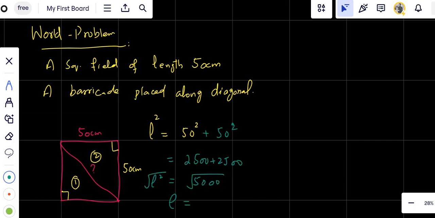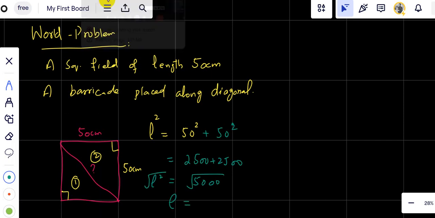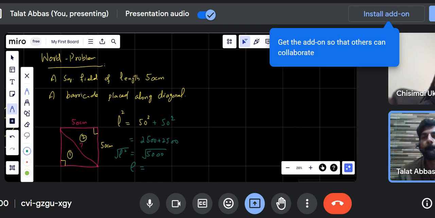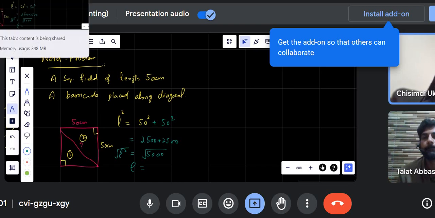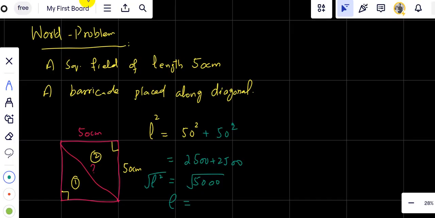What is the square root of 5000? It is 70.7 centimeters. So this will be the length of that diagonal. This is how we can solve word problems here.